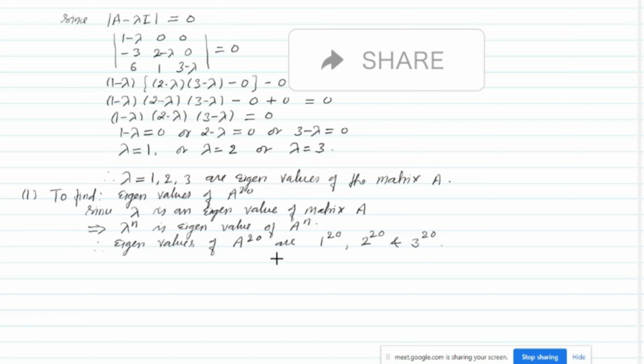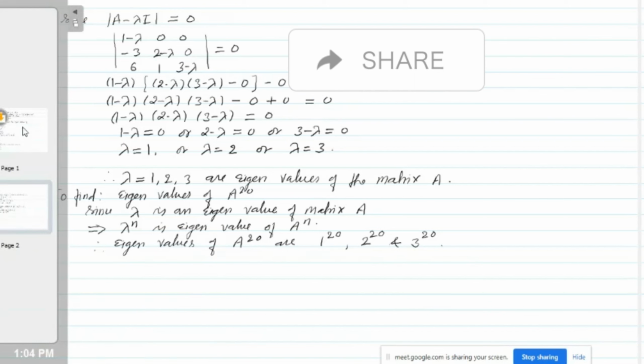Okay, so these are the eigenvalues of the matrix A raised to 20. If lambda is an eigenvalue of A, then lambda to the power n is the eigenvalue of A raised to n. So these are the lambda, and you have to take their power 20. So you will get the eigenvalues of A raised to 20. Okay, this is for the first one.